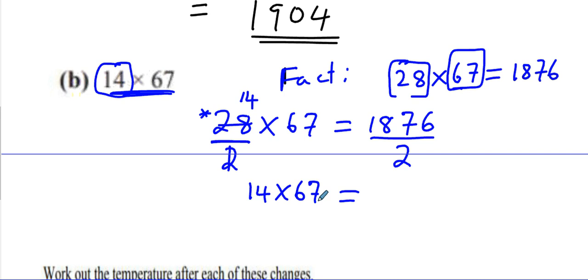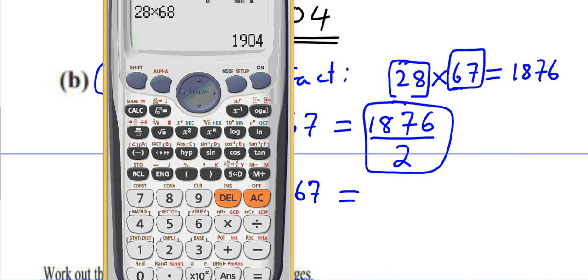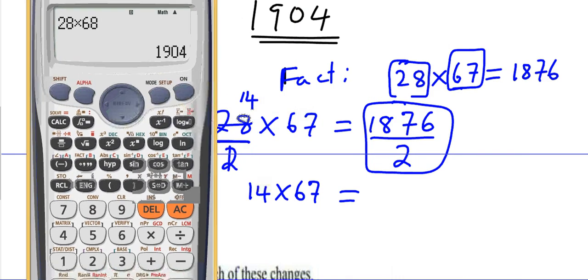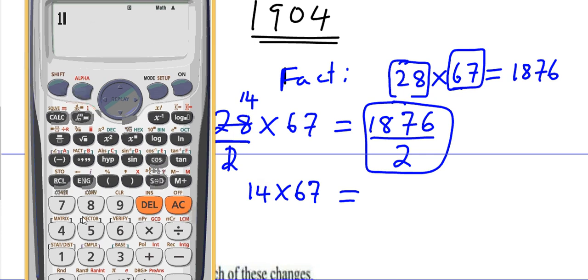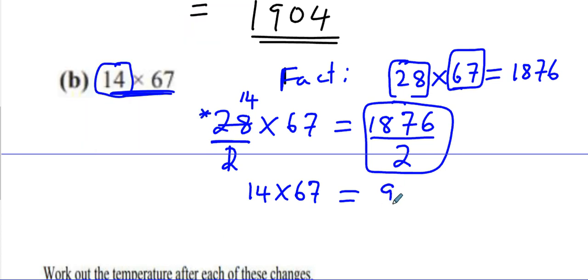Now, what is 14 times 67? You need to take this number, divide by 2. To save time, you can use a calculator to do that. What is 1876 divided by 2? You are going to get 938. Now, do you know what it means?